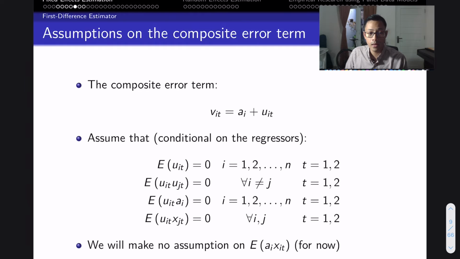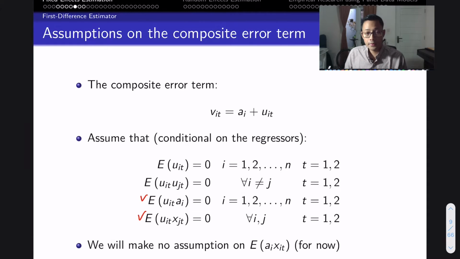We can think of the shock as literally an external shock, an exogenous shock, not correlated with our behavior or our characteristics. And as with any other regression, we're also going to assume that the shocks are not correlated with the variable of interest, in this case x. Now, we're not going to make any assumption on the correlation between the unobserved heterogeneity a_i and the explanatory variable of interest, in this case x.